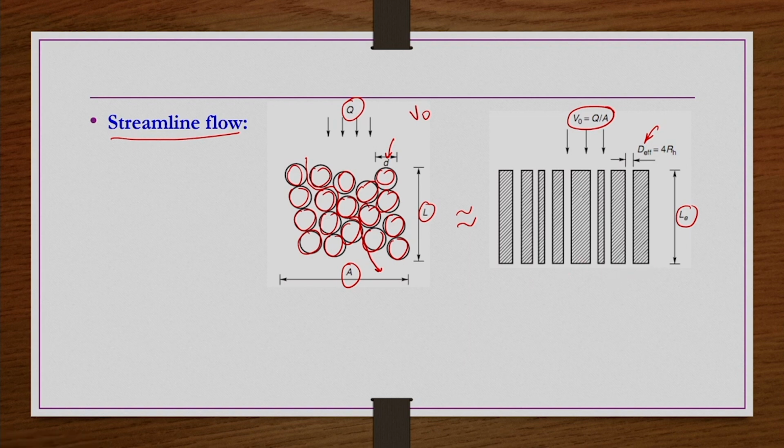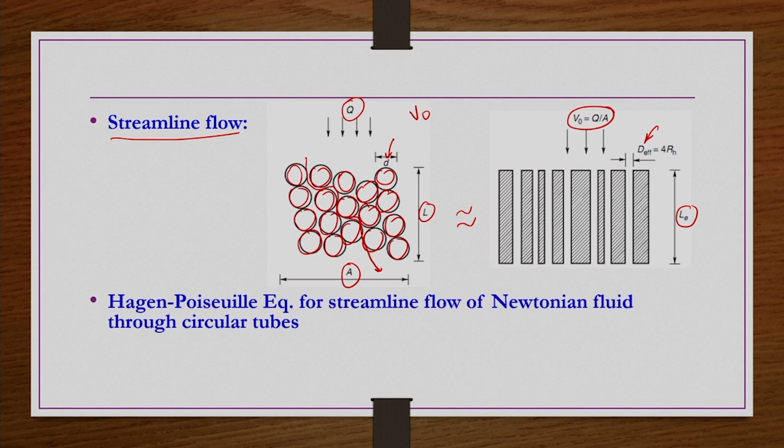So, then we know the Hagen-Poiseuille equation. That Hagen-Poiseuille equation we now use here, and whatever the L, D or V etc. that are there in the Hagen-Poiseuille equation, they will be replaced by the realistic true L, D, V of the packed bed. So, that kind of analysis we do.